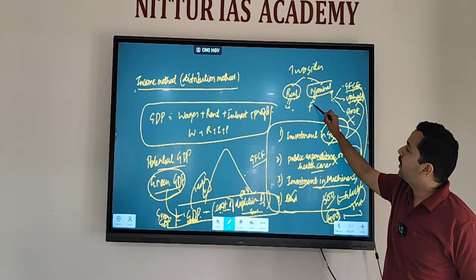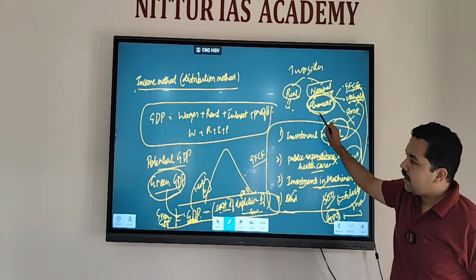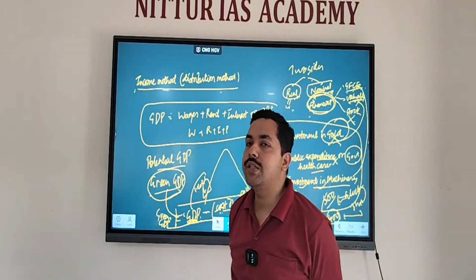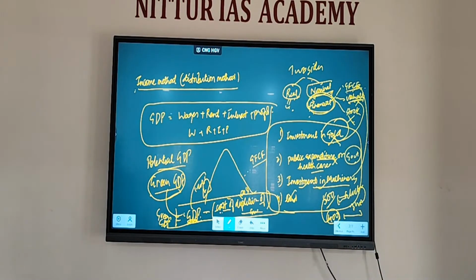Nominal deals with the financial side. When nominal, we are mainly talking about the financial aspect. When real, we are talking about actual goods, how much actual goods you are producing, actual services that you have. That is called the real side of the economy.